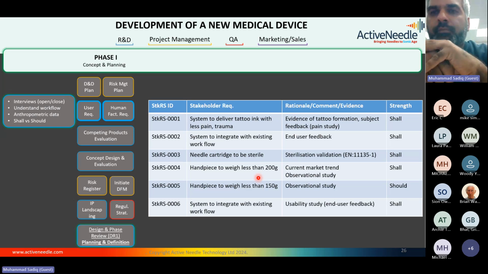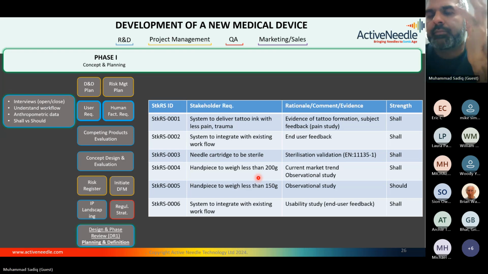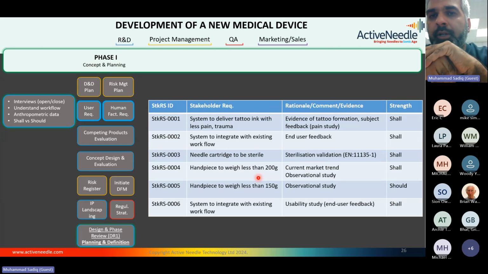So in this case, the requirement was that the handpiece needs to weigh less than 200 grams, because that's current standards, current market trend, which is a shall. But it would be even nicer, a nice-to-have, if it is less than 150 grams, and that becomes a should. You should try and meet both shall and should requirements, but shall is mandatory. You have to meet it.